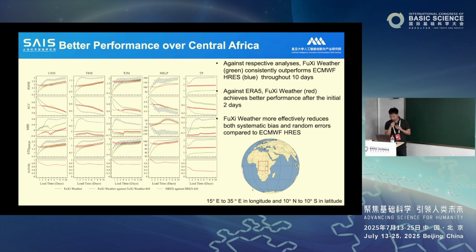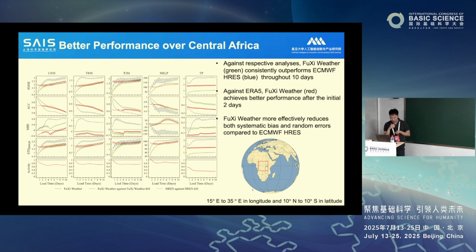Again, for these regions, it costs a lot of money and human power to install ground stations to provide more accurate ground station data. So if we can provide them with better forecasts by just using satellite observations, that will be very good for them.